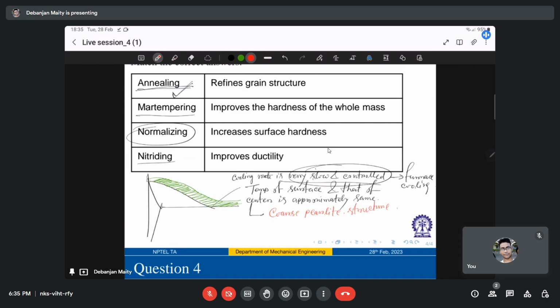And in process annealing, the metal is heated below the lower critical temperature, that is the recrystallization temperature.